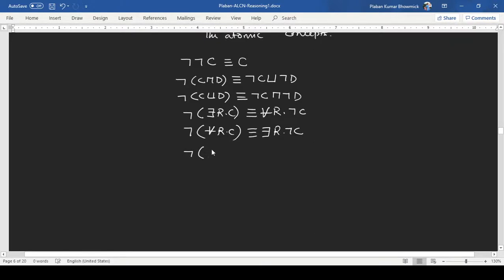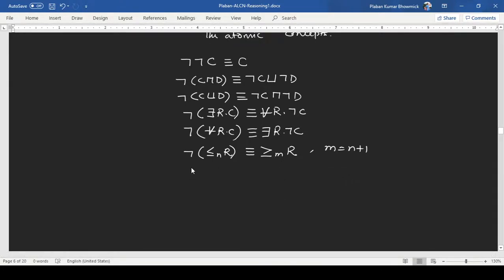Negation of less than or equal to N R, so this is the at most restriction, is equivalent to greater than or equal to M R, where M is equal to N plus 1, right? I am making it greater than or equal to N plus 1.